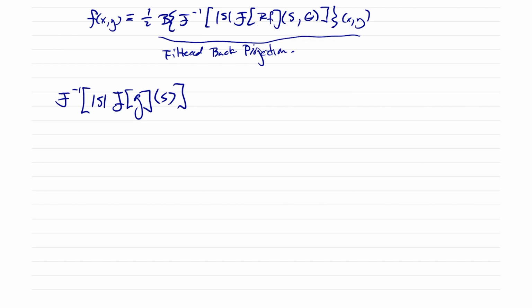Remember the actual Fourier transform is only being taken with respect to s, and theta is just a fixed number throughout all this. So this is happening at some point x.